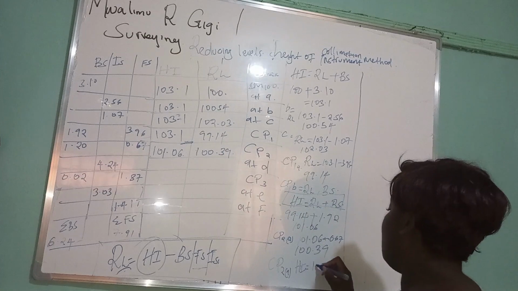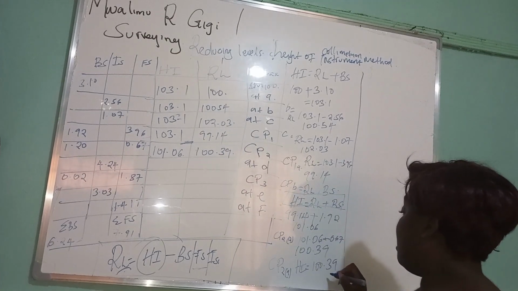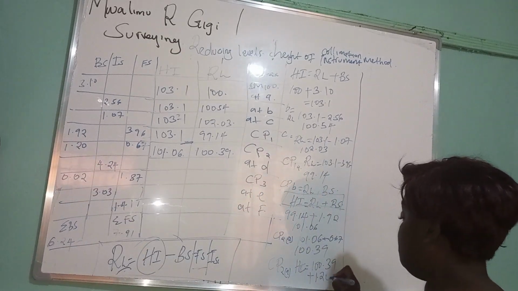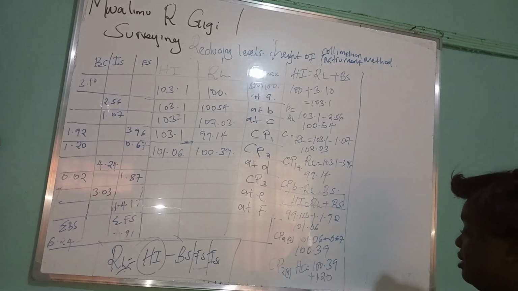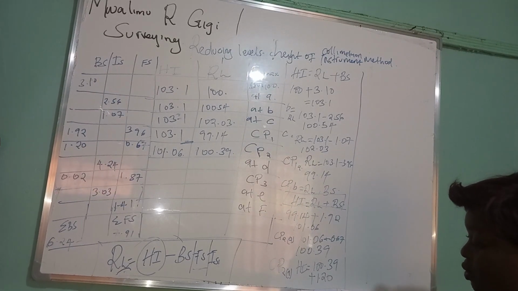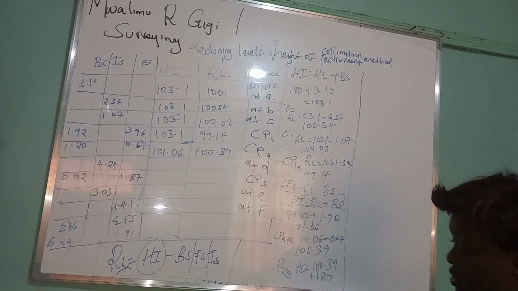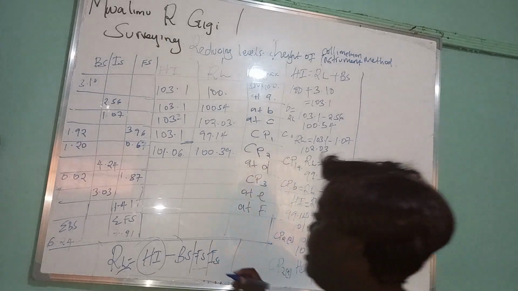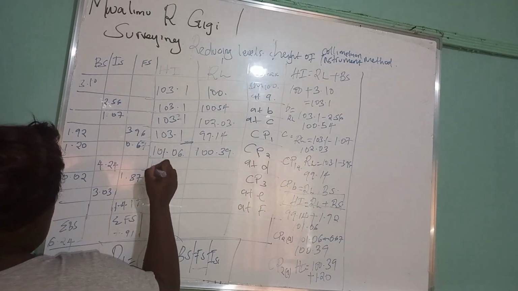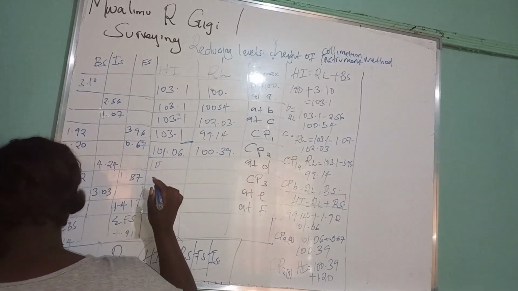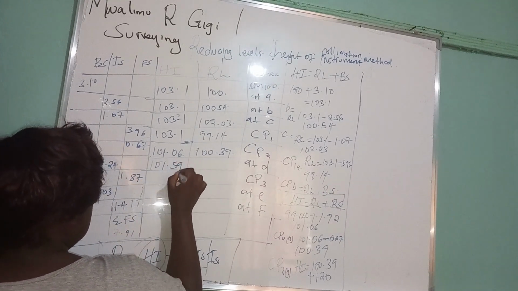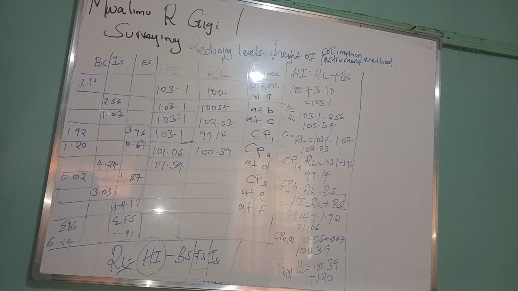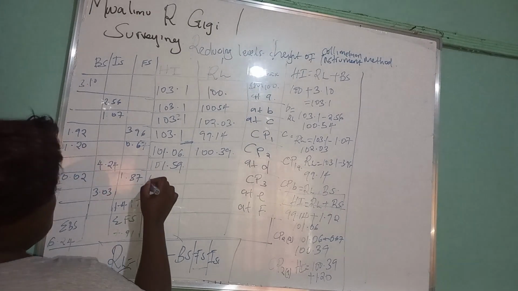So reduced level is 100.39 plus backsight, which is 1.20, which is 101.59. So our height of instrument is 101.59.